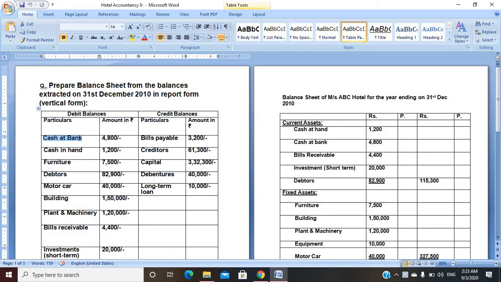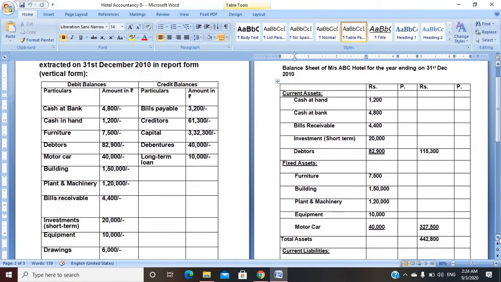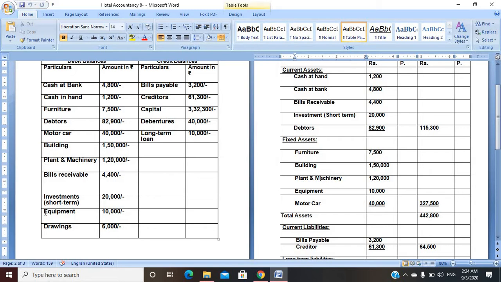So here we have mentioned cash at bank, cash in hand, furniture, debtors, motor car, building, plant and machinery, bill receivable, and some short term investment. There's also one equipment mentioned here. Drawings are there, 6,000 rupees.